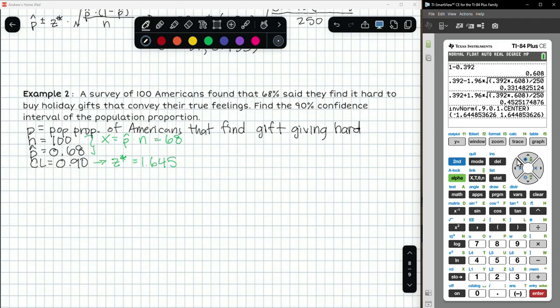We are doing a z interval for a proportion. So p hat plus or minus z star times the standard error for a proportion, which is the square root of p hat times 1 minus p hat all over n.